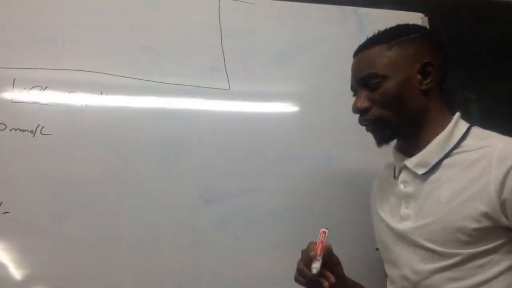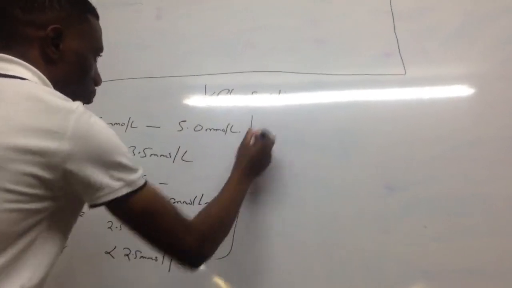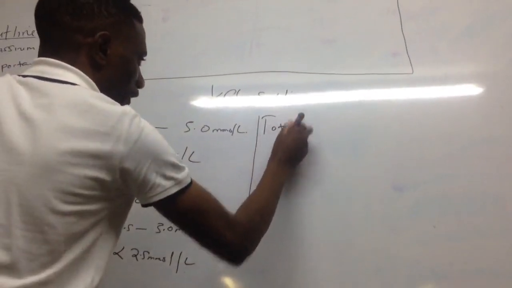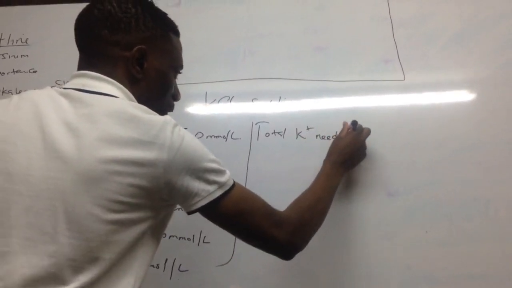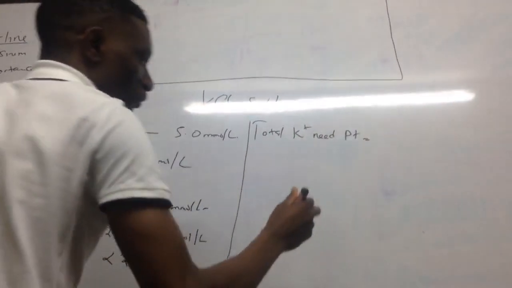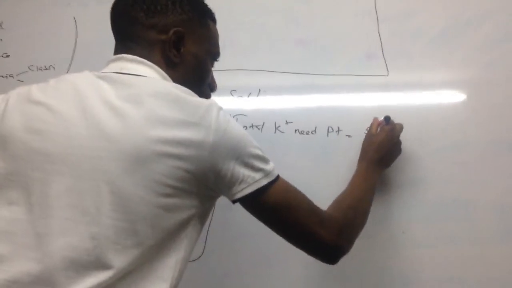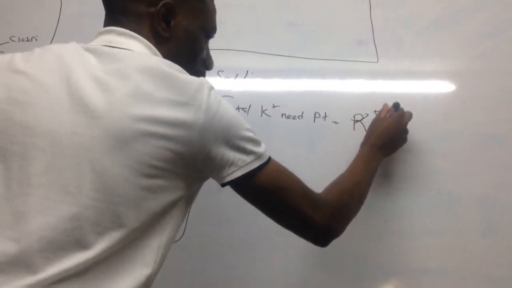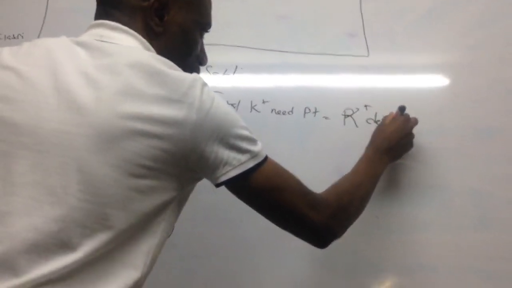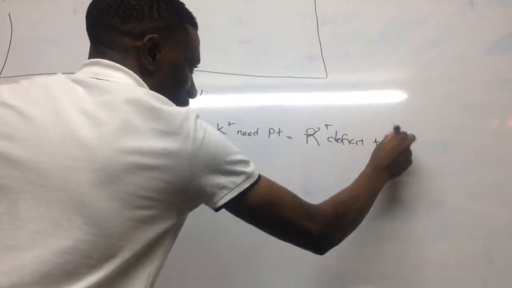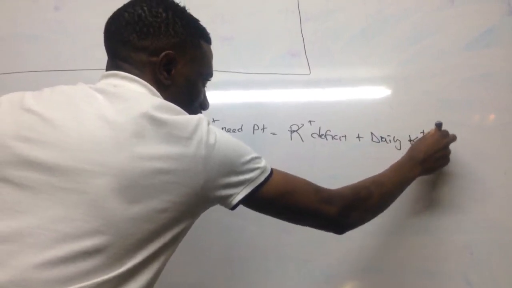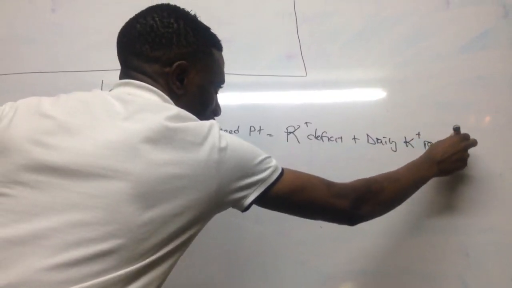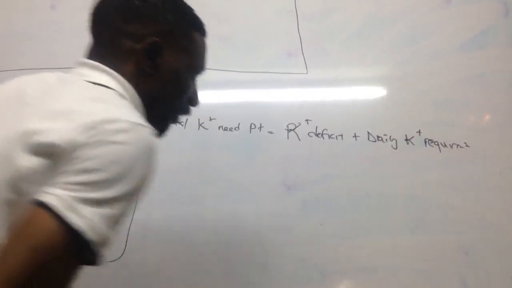It goes like this: total potassium needed for the patient is equal to the potassium deficit for the patient plus the daily potassium requirement for a normal human or for a patient. So this is the simple formula.